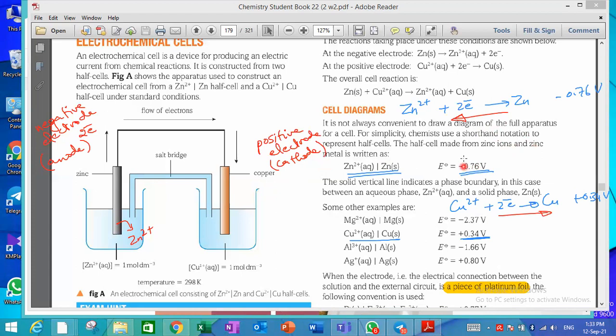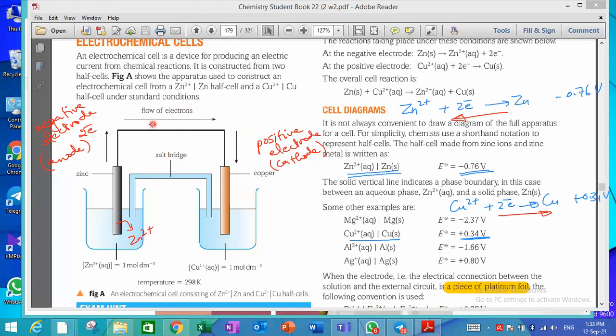So from the values of standard electrode potential, we can determine the flow of electrons, okay? And determine which one is the negative electrode and which one is the positive electrode.